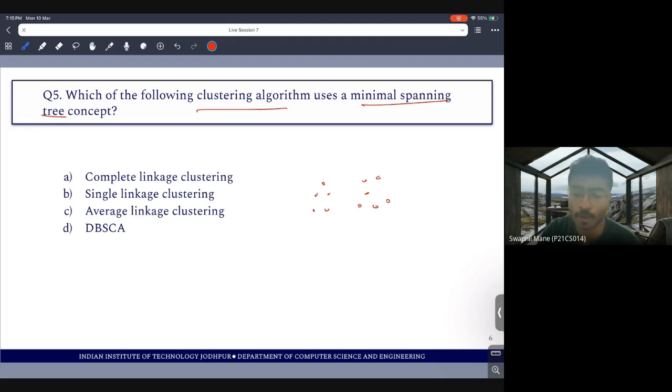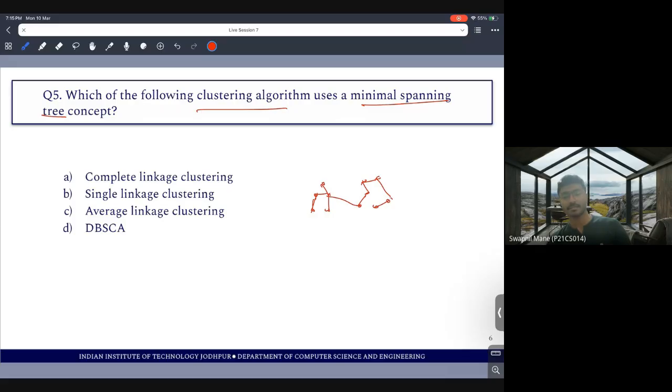So any point can reach any other point of the graph. Let's consider this is one graph, and there is no cycle between them. Let's take this one, this one. Okay, this is a spanning tree.